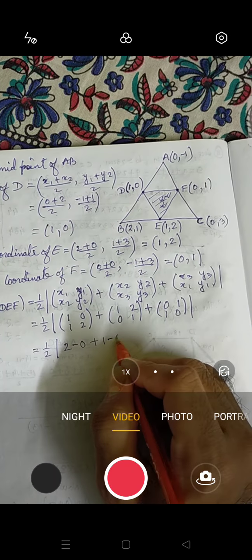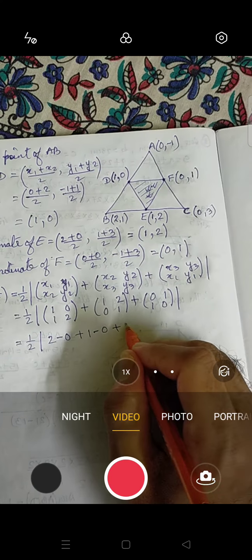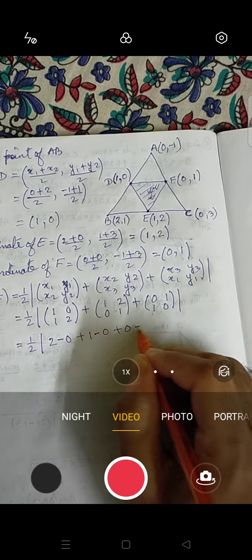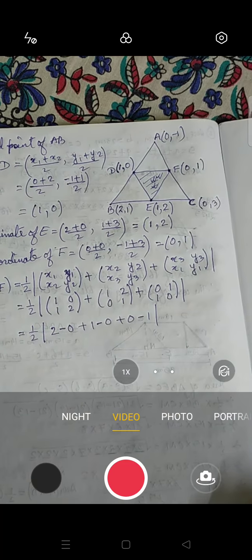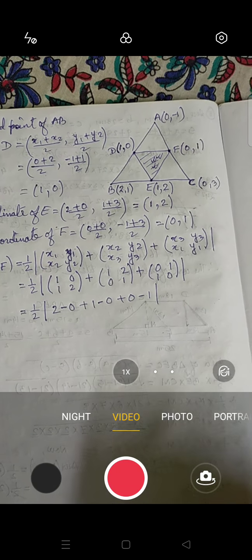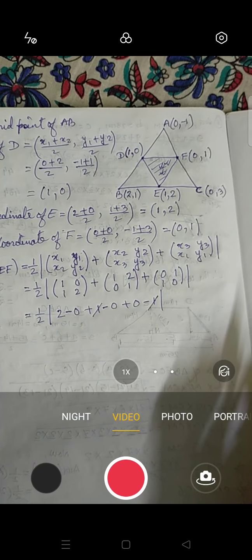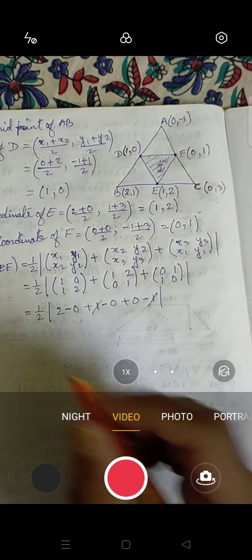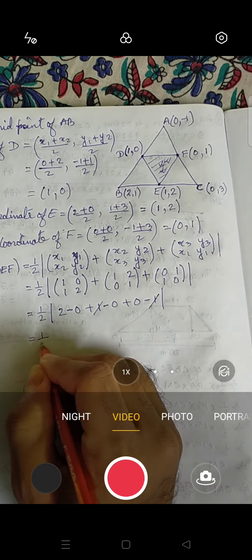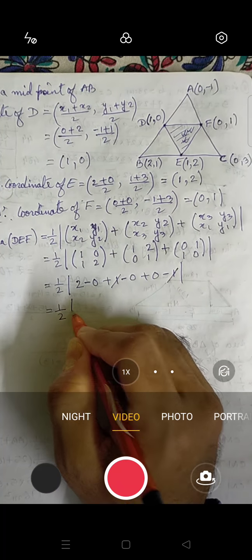So we will have 0 plus 0 into 0 is 0, and in between there will be minus, so 1 into 1 is 1. Any problem? Now this minus and this plus will be cancelled. Okay, no issue. Now we have half, and inside the modulus we have 2, so I am writing modulus 2.